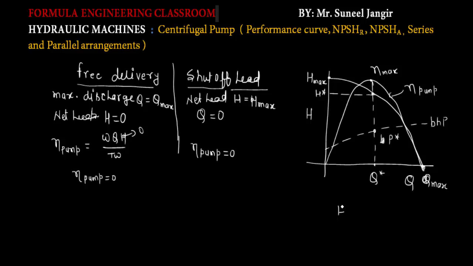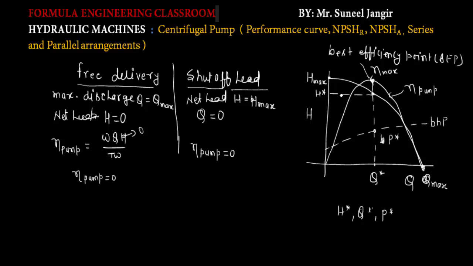So all these 3 values, H star, Q star and P star, are at the maximum efficiency, and these points are defined as the best efficiency point, or BEP in short.